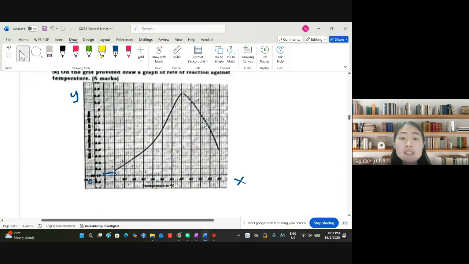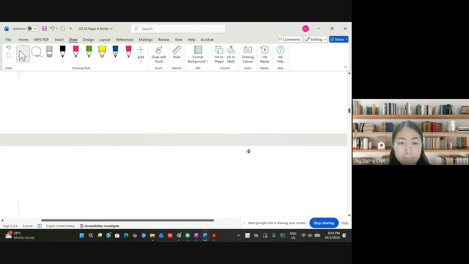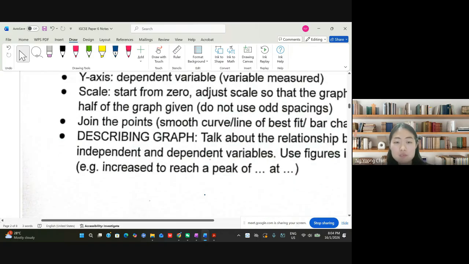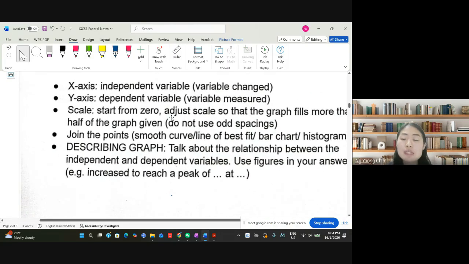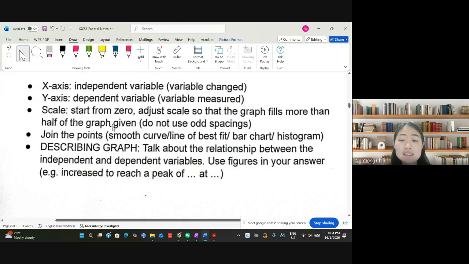So you can see this graph is very clear. It's very clear to have a look at the trends. The trend is showing increasing initially until it reaches a peak, and then it's decreasing. So it shows you the trend very clearly. So you need to adjust the scale so the graph fills more than half of the space.